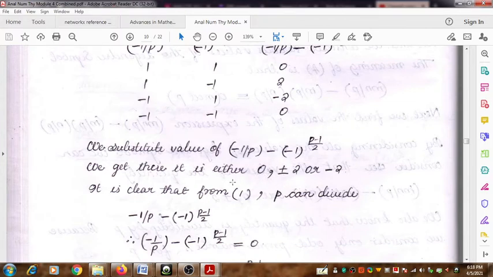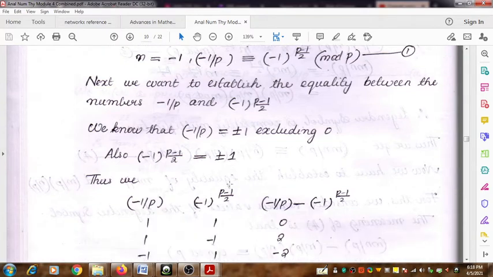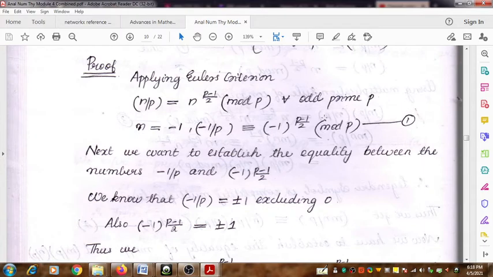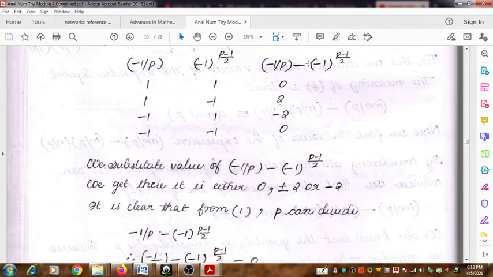Now it is also clear that this difference of the two numbers must be divisible by p. This will help to decide the actual value for the expression.